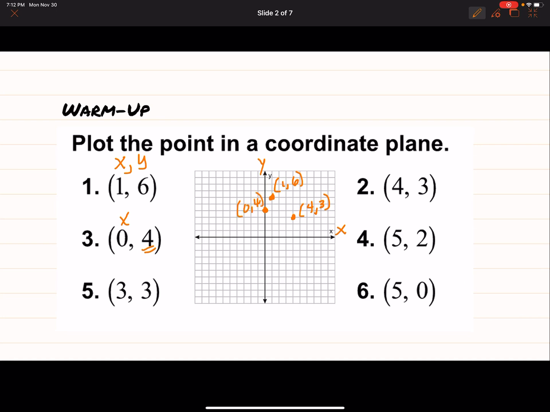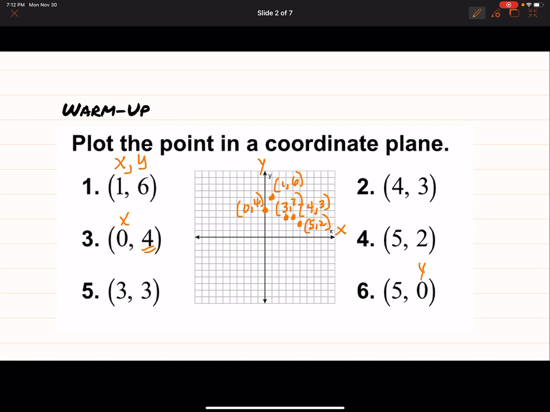Number 4, (5, 2). We're going to go over 5, up 2. Ordered pair (5, 2). Number 5, (3, 3). Over 3 on our x, up 3 on our y. Ordered pair (3, 3). And number 6, (5, 0).